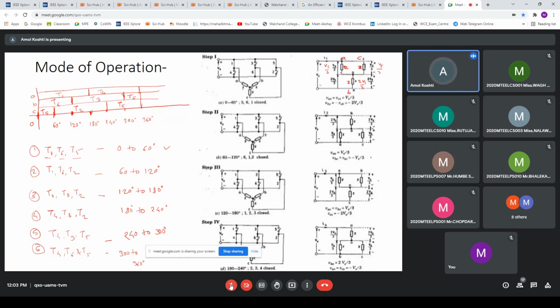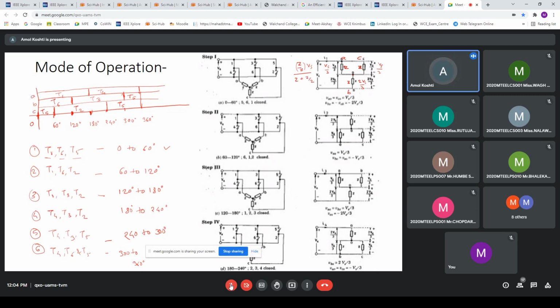To calculate the drop using the voltage division rule, we consider the equivalent impedance. Here Z and Z are two in parallel, so their equivalent is Z by 2, into our total voltage VS, divided by this Z by 2 in series with this Z, so we can write Z plus Z by 2.